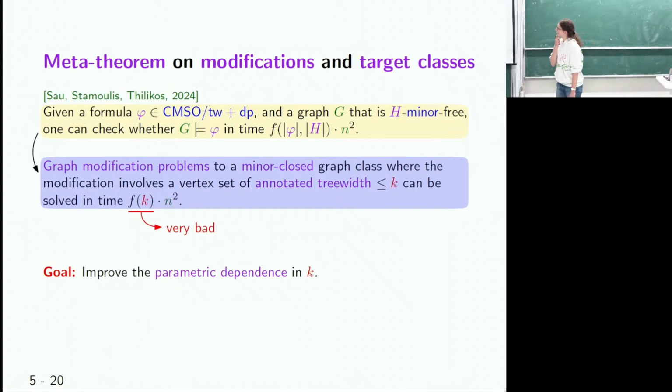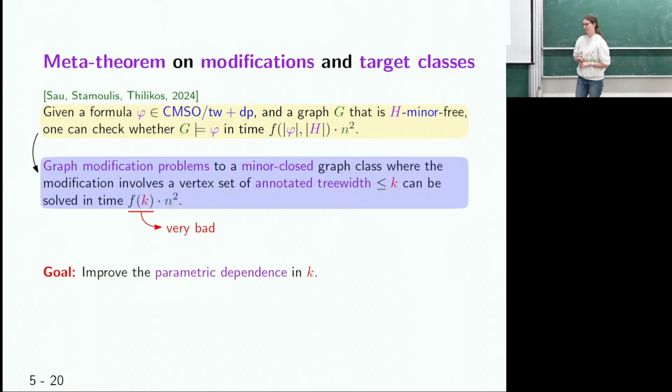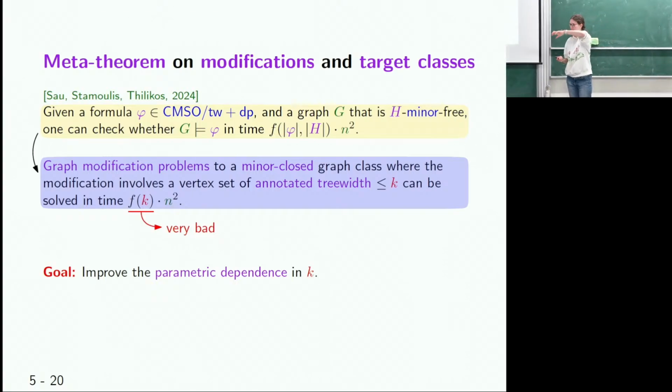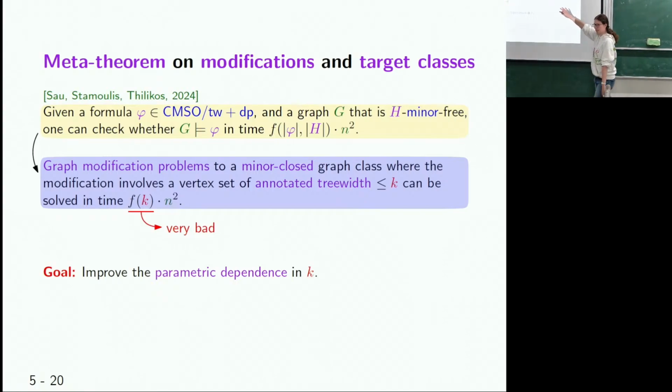So I have difficulty understanding the meaning of vertex set of annotated treewidth k. Do you have some example of a certain problem where you can use this? Okay, so for instance, if you want to do elimination distance to H, essentially the vertex set that you will remove has bounded treewidth. Here you could just do treewidth instead of annotated treewidth, and most problems I know can be said like this.